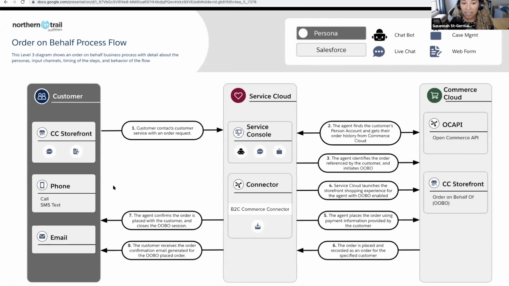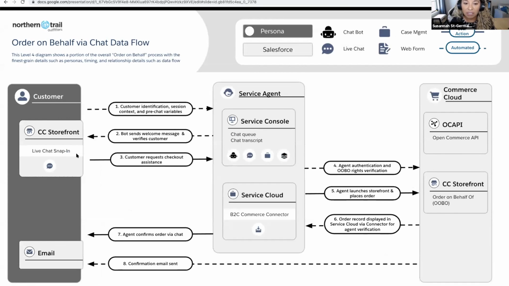In the double click, we're showing the order on behalf process if someone uses this live chat snap-in. So we're double clicking down into a very specific process, and it has those time-based interactions, but it's talking about a very specific process.